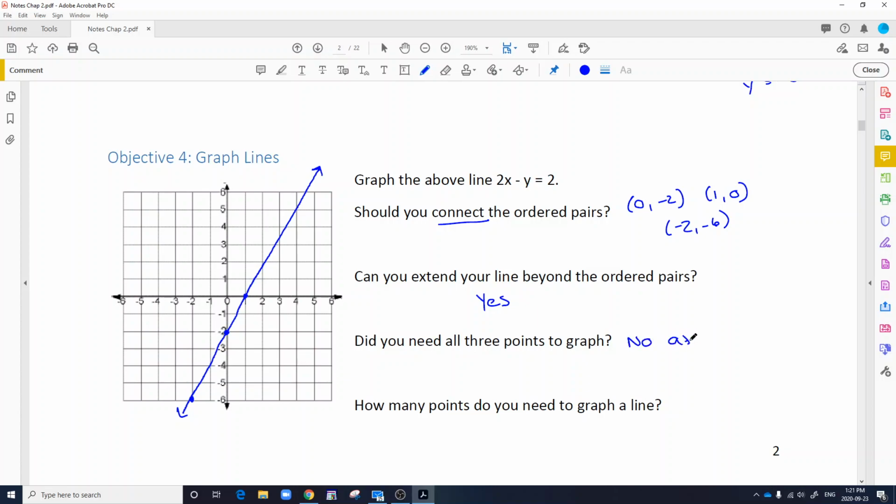You need at least 2, but I always say 3 or more is best. 2 is okay, but sometimes it's hard to make a straight line. 3 makes it a bit straighter, and if I had done even more, it would be even better. So how many points do you need to start graphing a line? Technically, you only need 2, but I'm going to say at least 2.